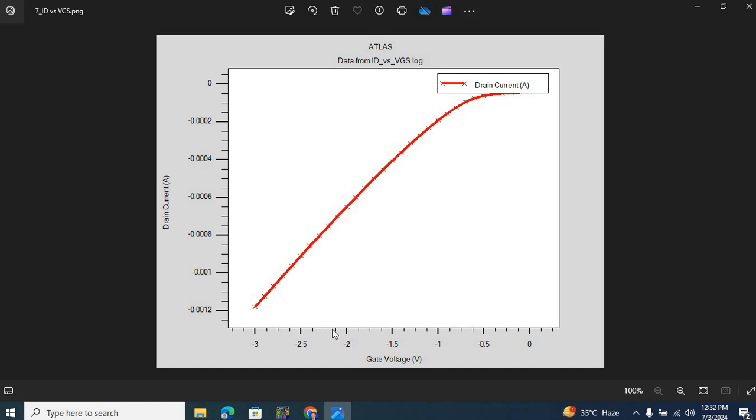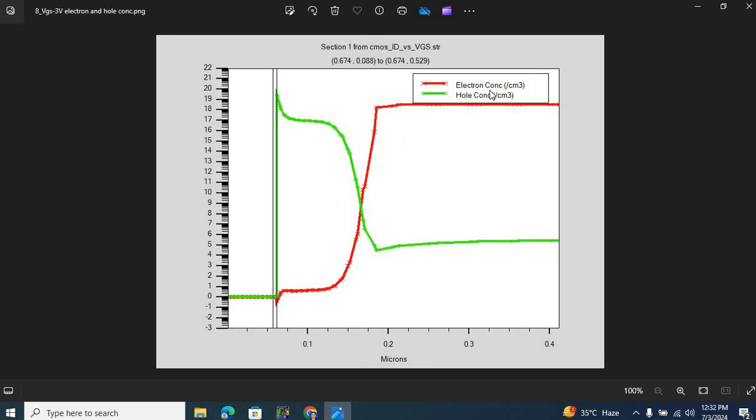Here is the ID versus VGS characteristics for the PMOS. In PMOS, everything is negative, drain current, gate voltage, etc. You can see the turn-on point for the PMOS. Then here is the hole concentration under biasing.